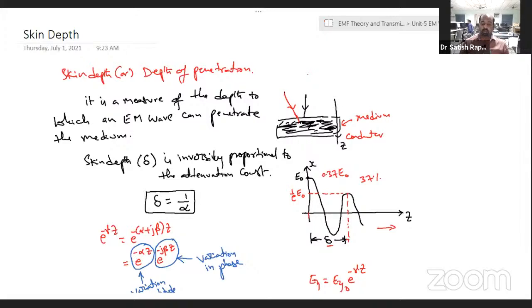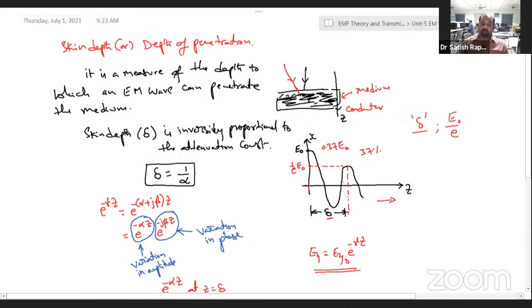Now skin depth: when the wave penetrates through a conducting media to the depth of delta, the wave's amplitude will become 1 by e times E naught, that is, 37%, and that is called skin depth.